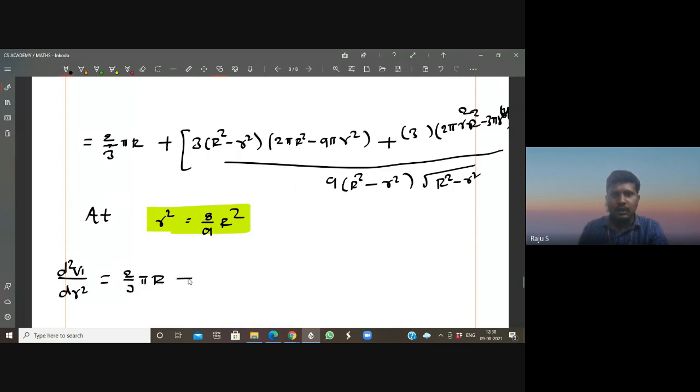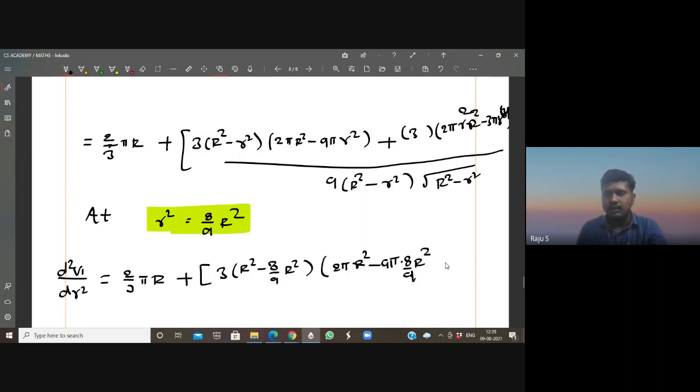This is clearly greater than 0. And 3 into capital R square minus small r square means 8 by 9 capital R square, into 2 pi capital R square minus 9 pi small r square means 8 by 9 capital R square, 8 by 9. Okay, students?